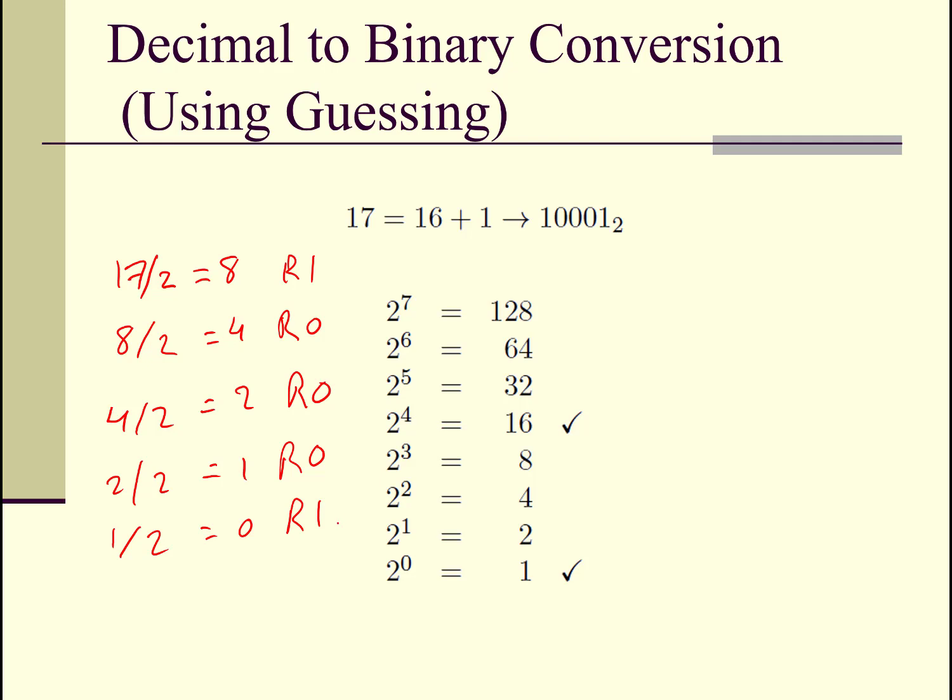So after that, read it from here to up. You will get 1, 0, 0, 0, 1.